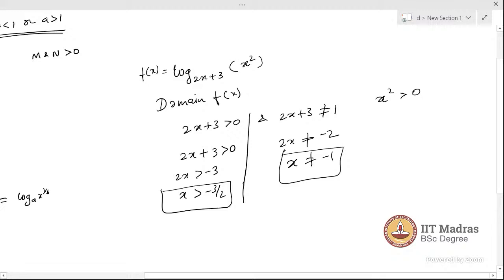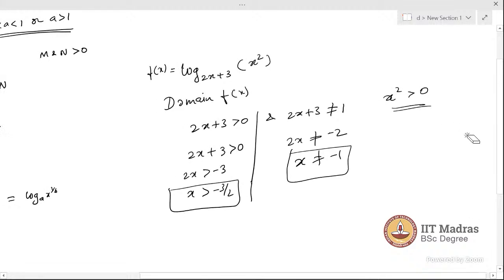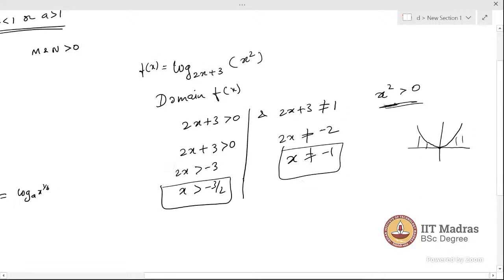So now I have this data from here, and from here, x square being greater than 0. We know how the graph of x square looks like, a parabola. It is 0 only at one value, and no matter what x value you give, it is always going to be positive. So x can take all values.